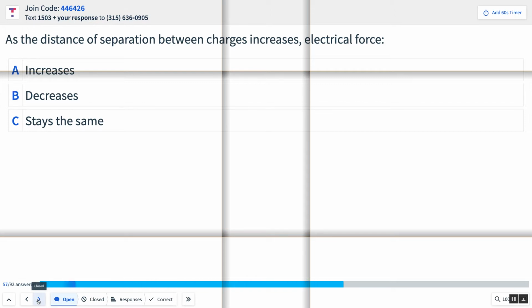If you want to turn to your neighbor, discuss it, talk about it, that's perfectly fine. When we get to 80, I'll do the countdown.